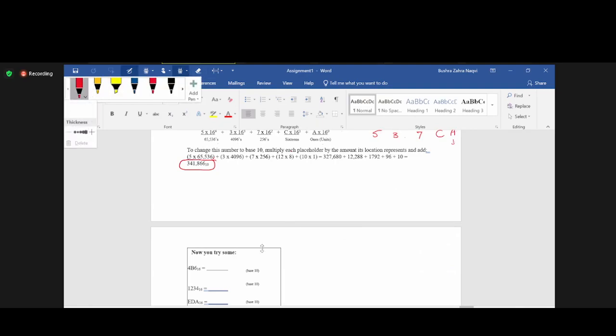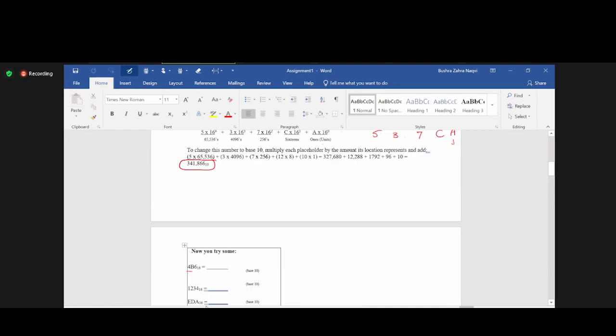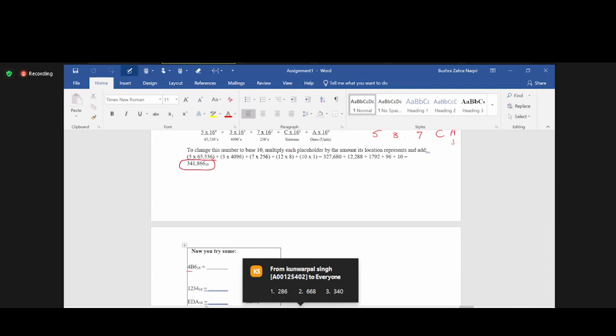Once you understand how to convert from hexa to decimal, I have one more example here for you to practice. For instance, 4B6, 1234, and EDA. EDA, right? So what is their decimal equivalent?